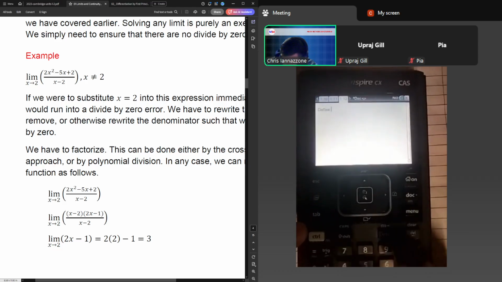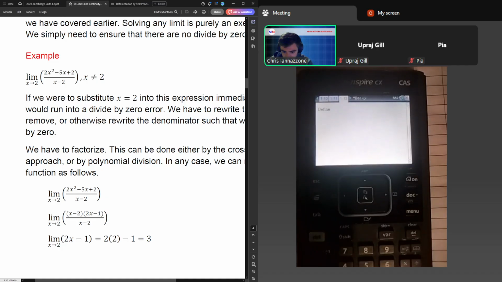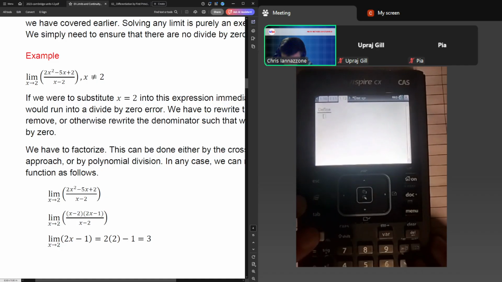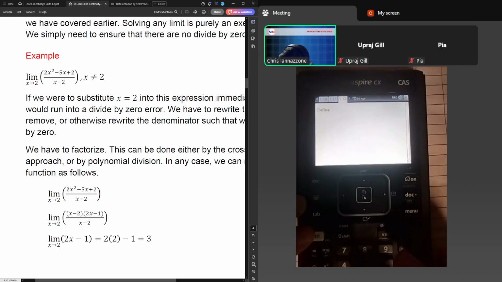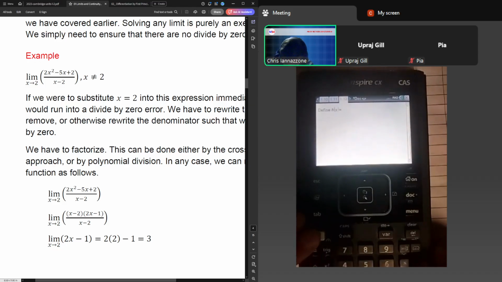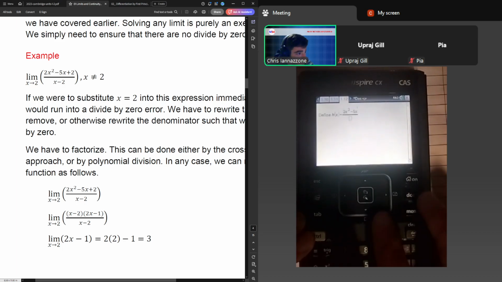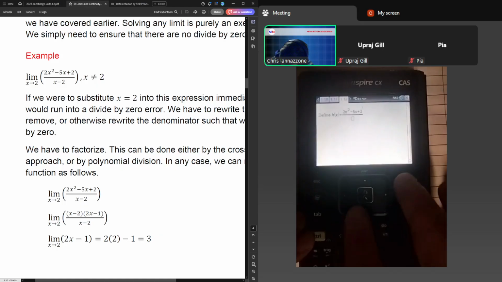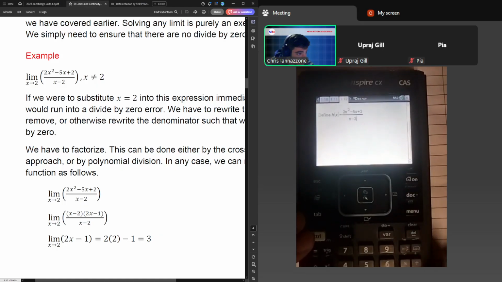So all I'm going to do is define the function that we had there, not the simplified version of the function, but the actual function that we have. Define h of x is equal to 2x squared minus 5x plus 2 over x minus 2.